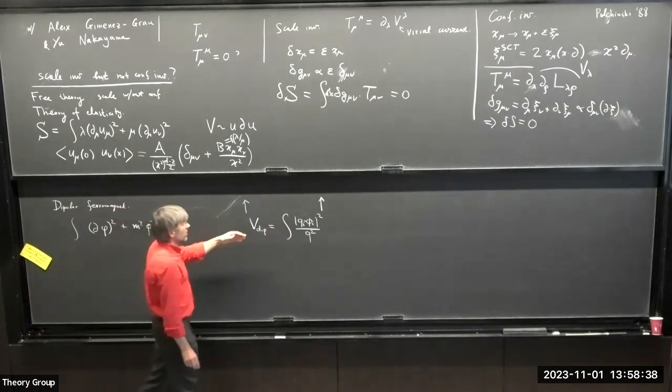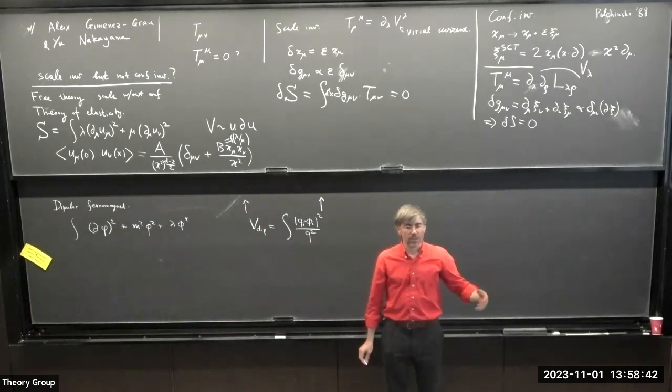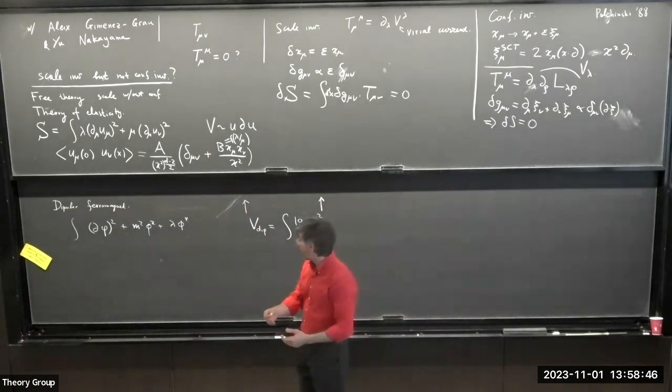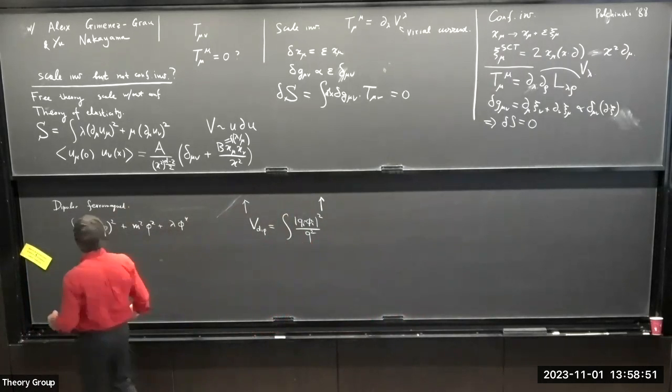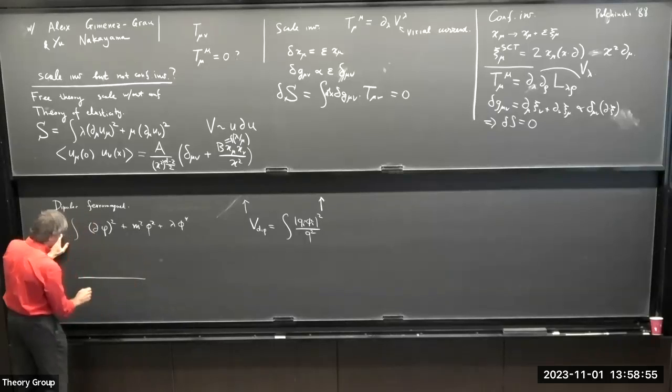So no matter how small the coefficient of this term is, if you get sufficiently close to the critical temperature, and this of course is an experimental issue, how close you need to get, you will see the effect of this term.